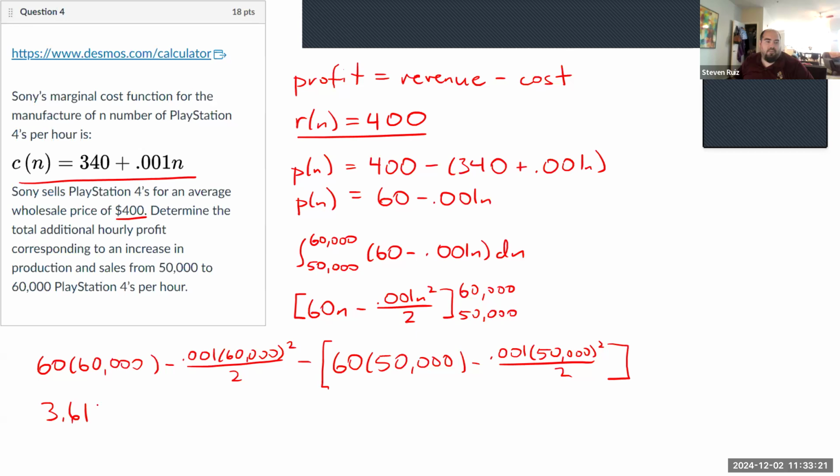So just some abbreviating, 3.6 million minus 1.8 million minus 3 million minus 1.25 million.